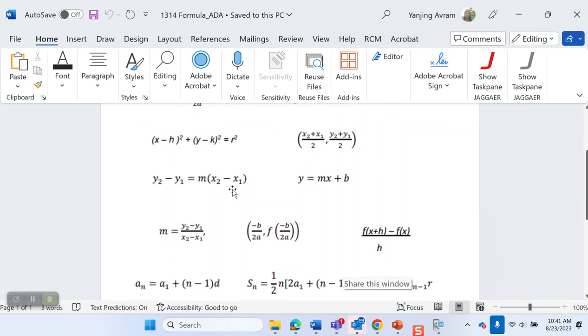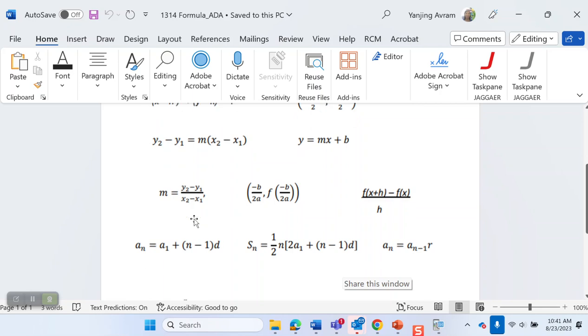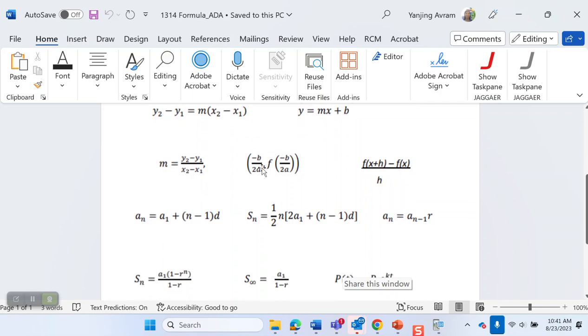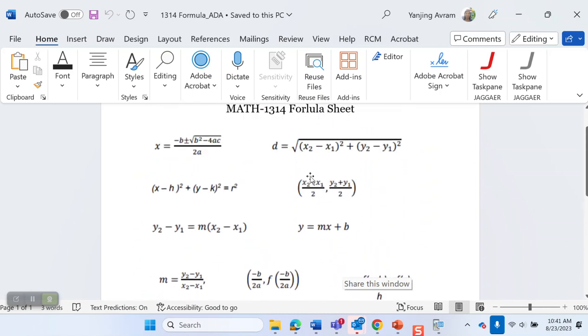Then you have y equals mx plus b, the slope-intercept formula, and y minus y1 equals m times x minus x1. If you divide both sides of this one, you have the slope formula basically. And this one is for chapter 3, the vertex formula. So you do have all these formulas in here.